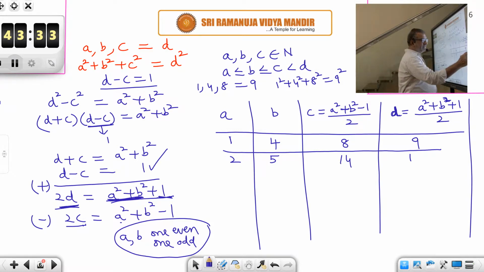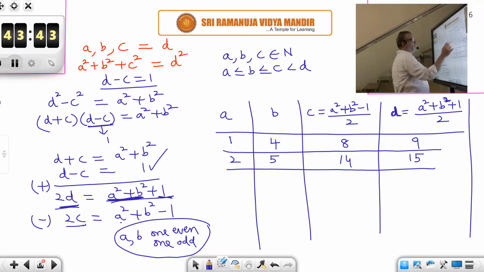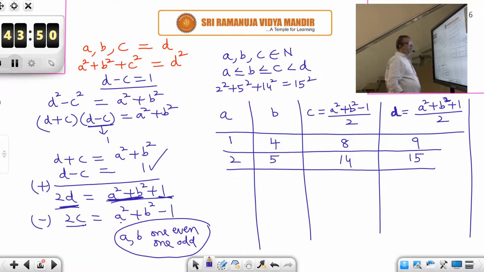If it is 14, the next number will be 15. 2, 5, 14 is equal to 15, means 2 square plus 5 square plus 14 square is equal to 15 square. So that will be true. You can check if you want.